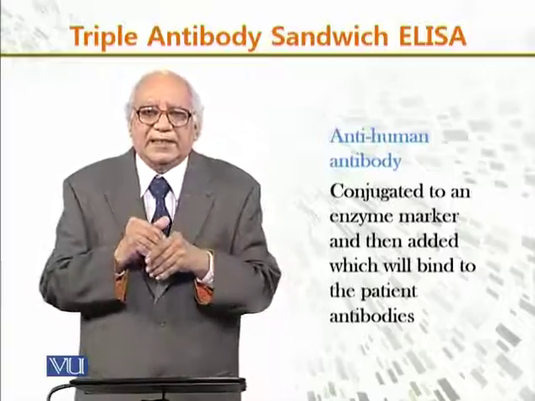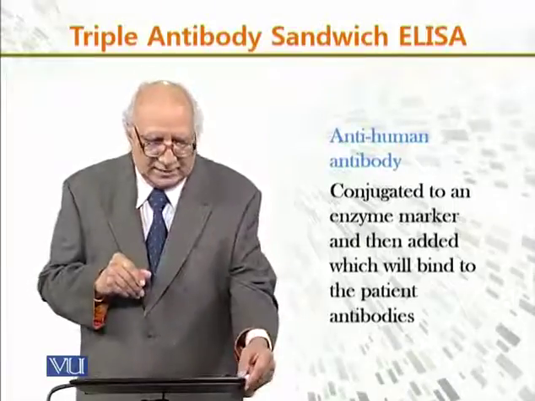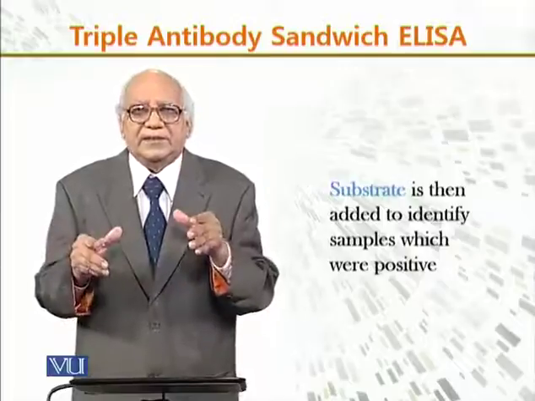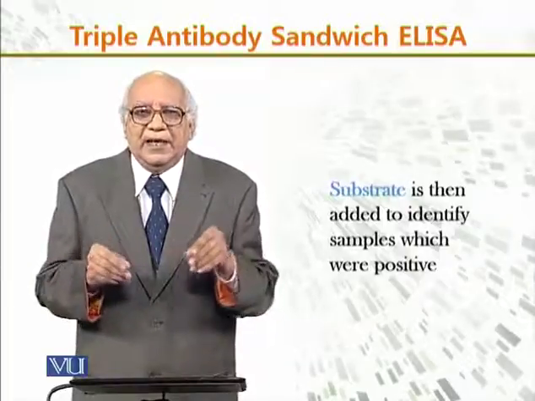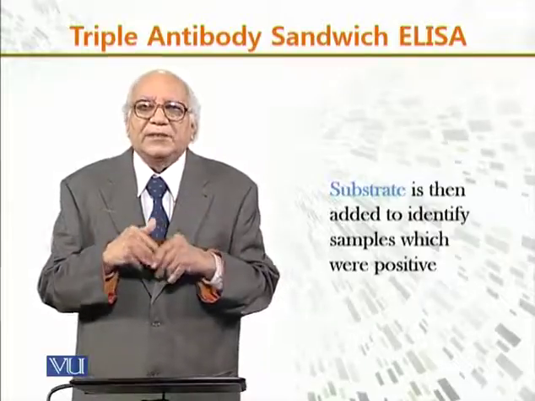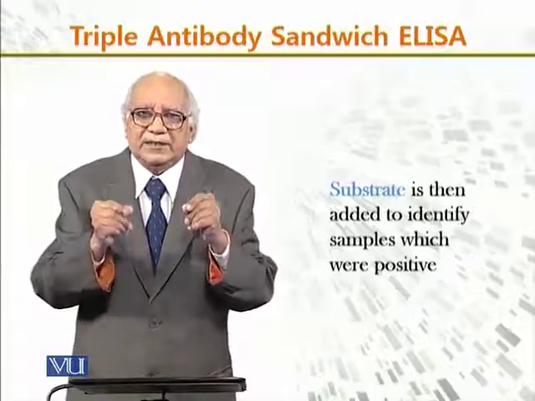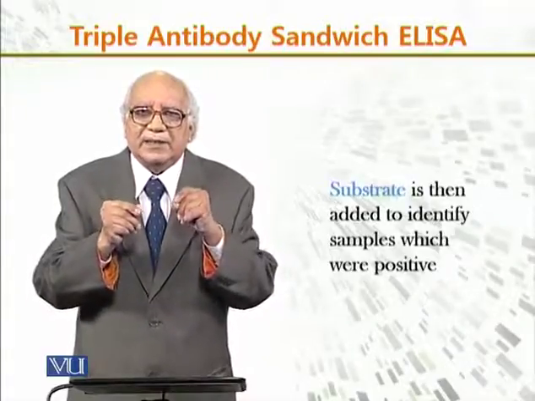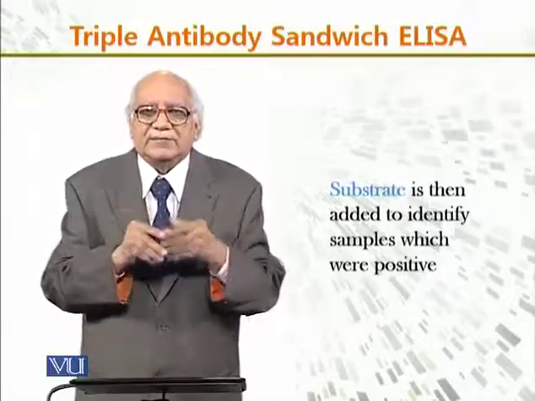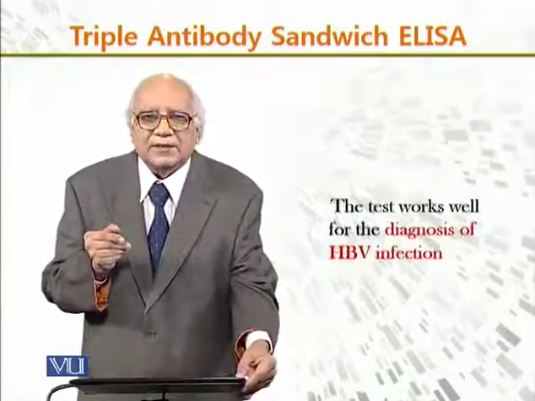It is added and it will bind to the patient's antibodies which are there. Now substrate is then added, since we have added the enzyme, to identify samples which are positive. Because there are marker enzymes which will indicate, due to some color reaction or some other method, whether that antibody is present or not.